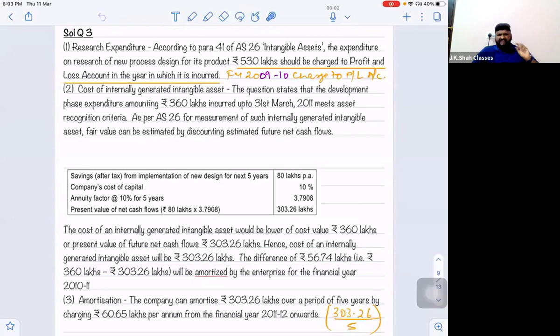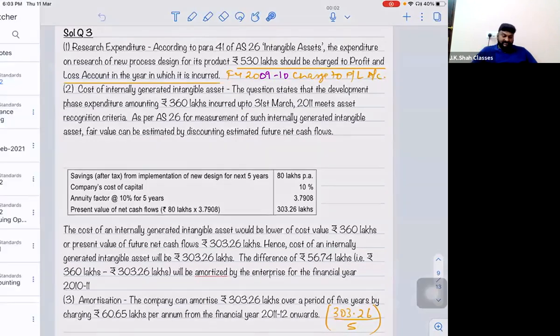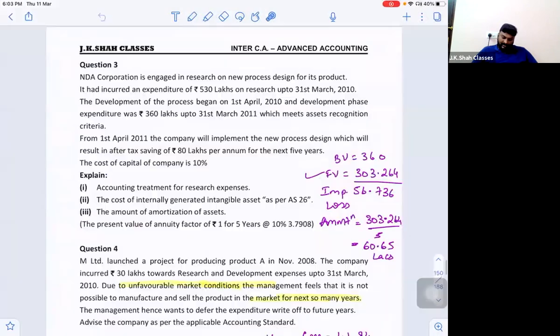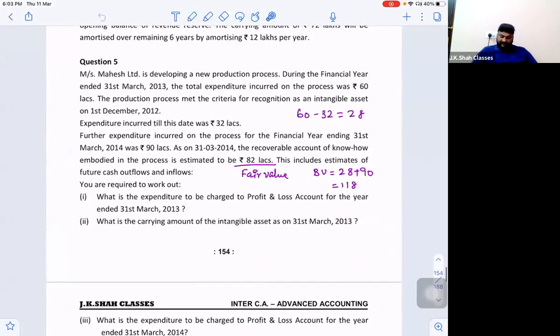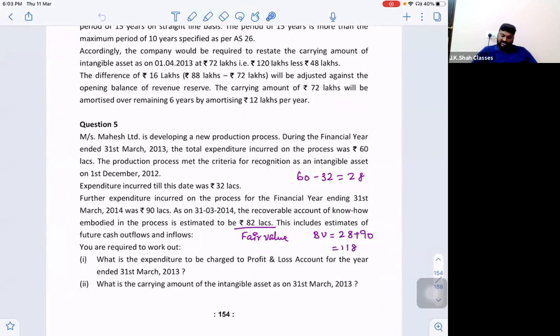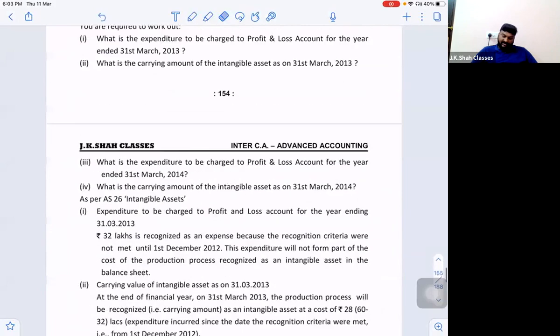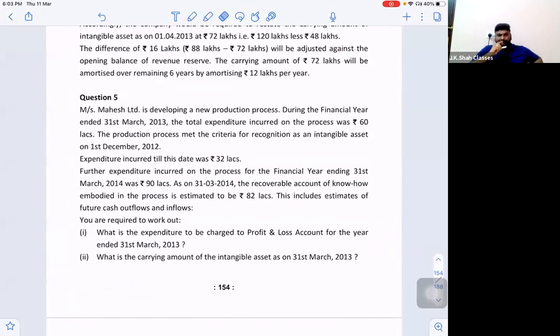I'll take you to a very, very good question. That is the reason why I'm not going in detail of question number 3, because it is exactly same as question number 5. But I want you people to please open up page number 154. We have to do this homework question of question number 5 from your material. It's a beautiful question. And I want to spend some time on this question rather than wasting time on question number 3, because it's exactly similar to question 5.